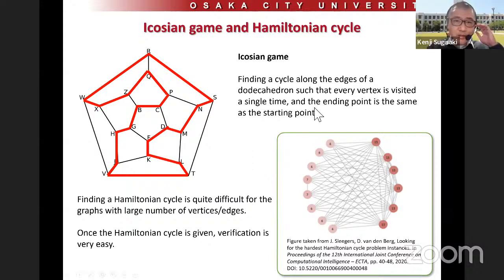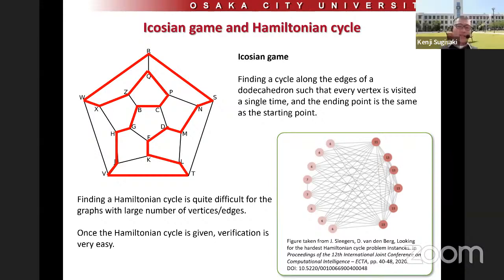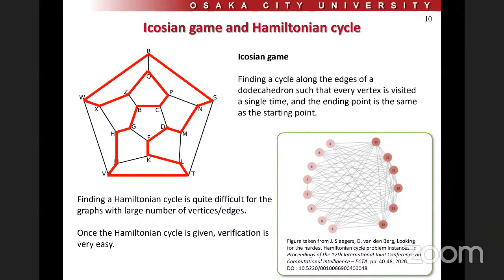Could you repeat the question once again? For a problem, how do you define a vertex, if you have to go around the vertex for a cycle? How do you define a vertex for a definite problem in physics?